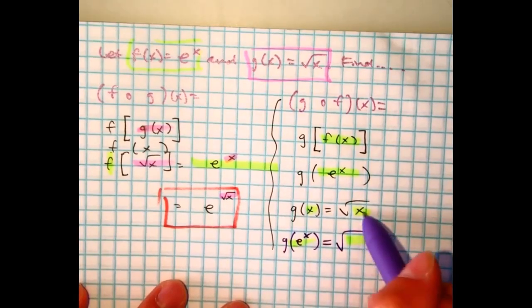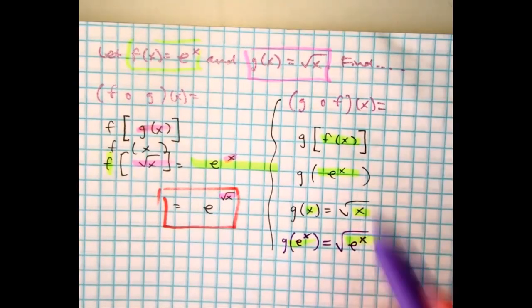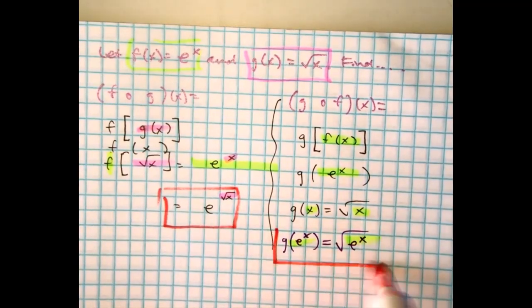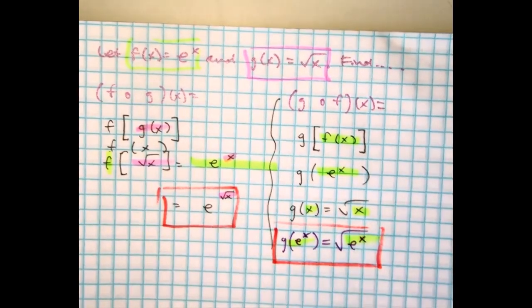Instead of writing x, we're going to write e to the x power. And that's our answer right there. So basically, if I had to summarize, let's just say you were absent yesterday and you're still kind of lost. You're basically just doing two substitutions.